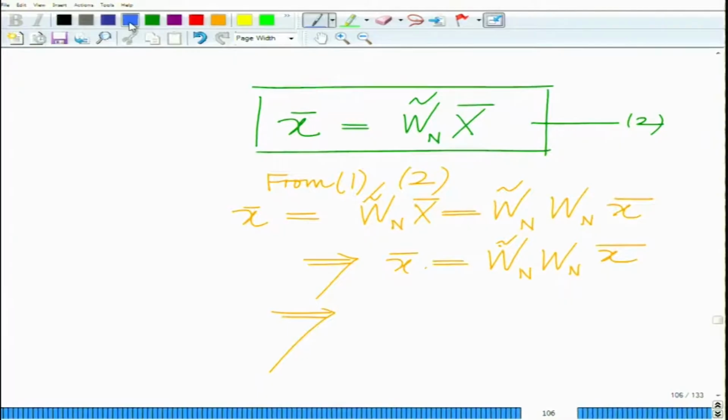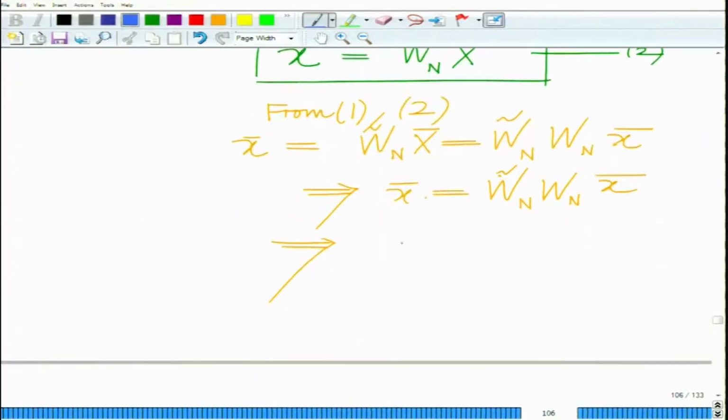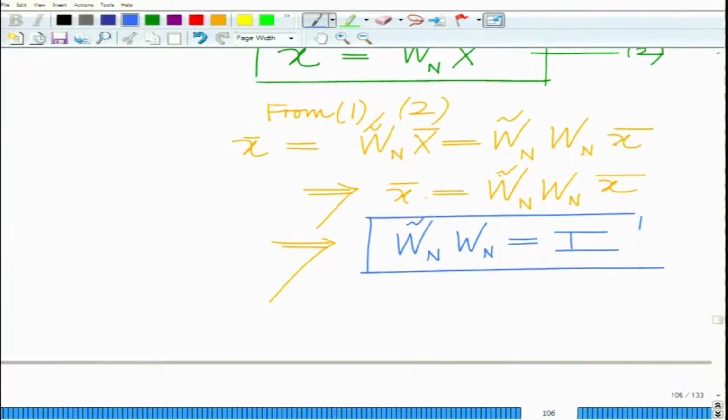This implies that W N tilde into W N must be equal to identity, correct. You have the vector remaining unchanged, x bar equals A x bar, and that happens for every vector x bar.